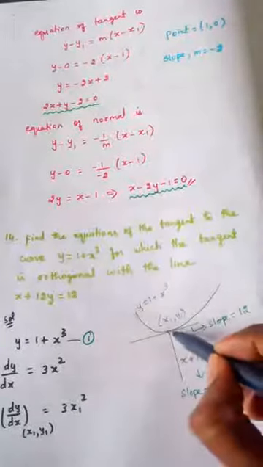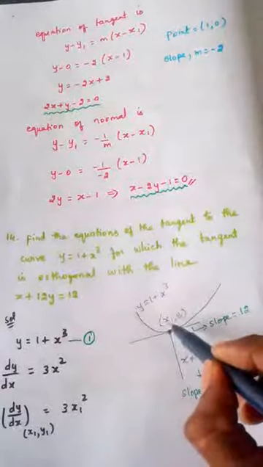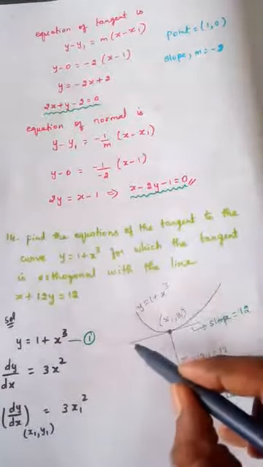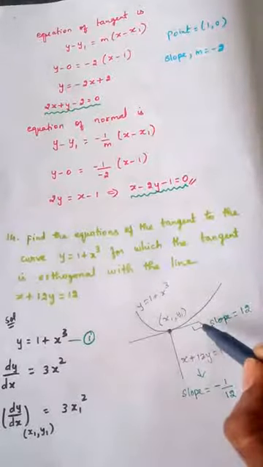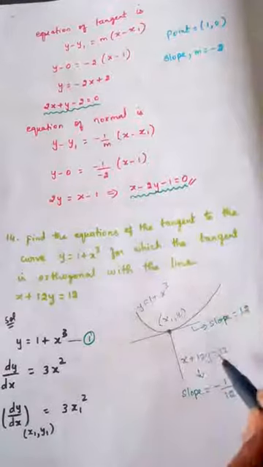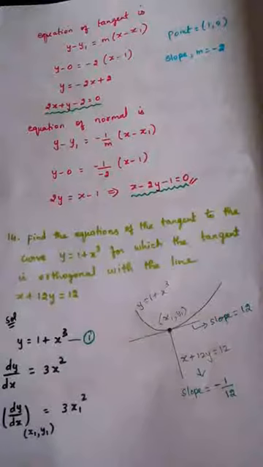And this is the point where the tangent meets the curve, and that point is taken as x1 comma y1. What is the condition given? If this is the tangent, the tangent should be orthogonal to this straight line. The straight line equation was given, x plus 12y is equal to 12.